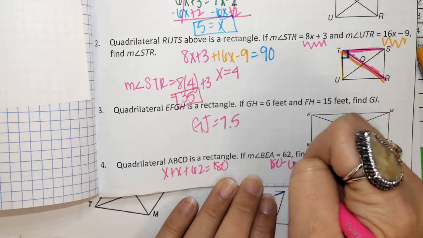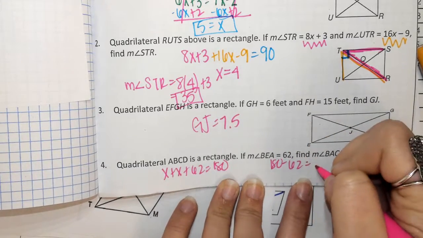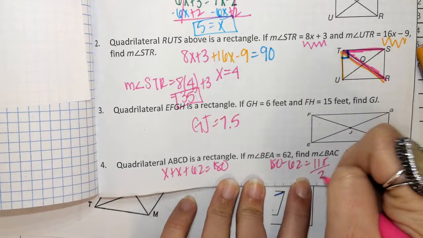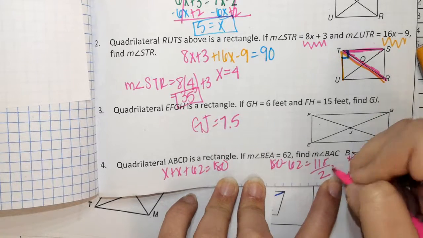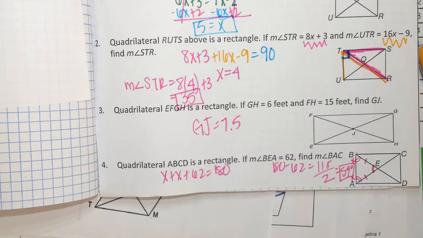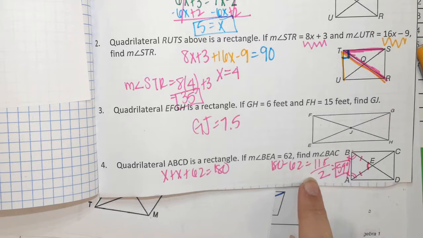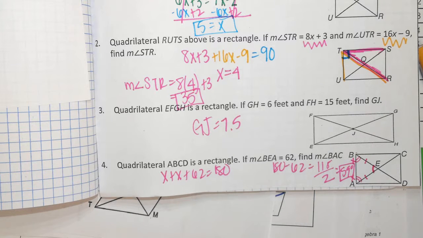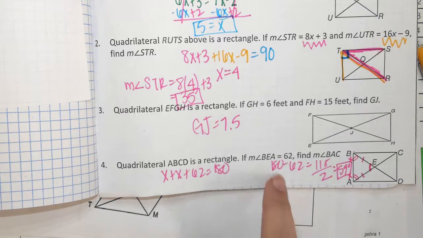Or we could do 180 minus 62, which is what? And then cut that in half, which is? And that's our final answer. What'd you do? I didn't divide by 2. I subtracted the 180. Okay, but I'm glad that you saw that.